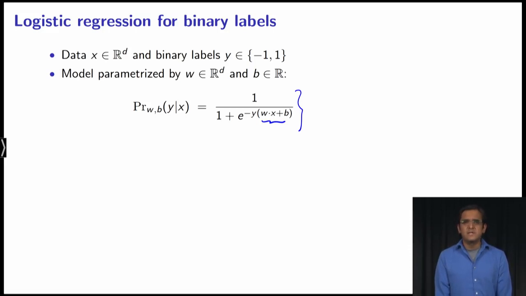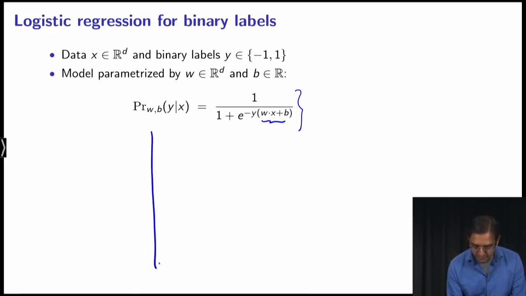So what does this look like geometrically? If we look, for example, at the boundary, we have the plus side and the minus side. What is the decision boundary? Well, it's the set of points for which this probability is exactly a half. And those are the points for which w dot x plus b equals 0.